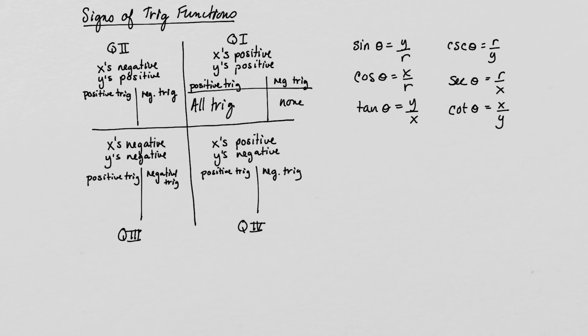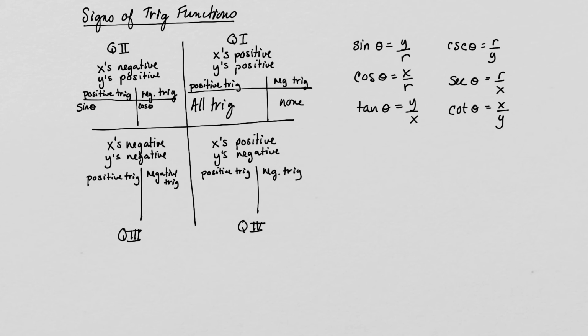In the second quadrant, x's are negative, y's are positive. If y is positive, that means the sine function is a positive trig one, so the sine of theta. Cosine has x over r, so x is negative, r is positive, so cosine of theta goes over here.